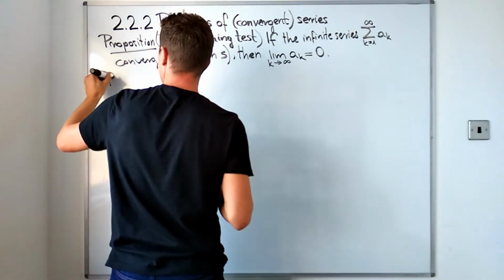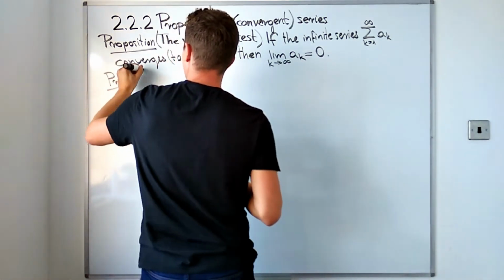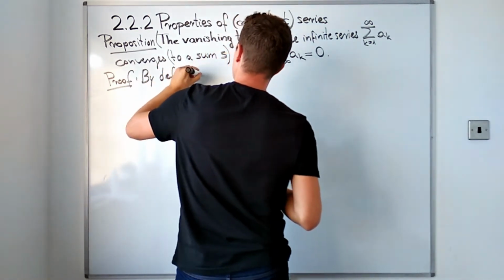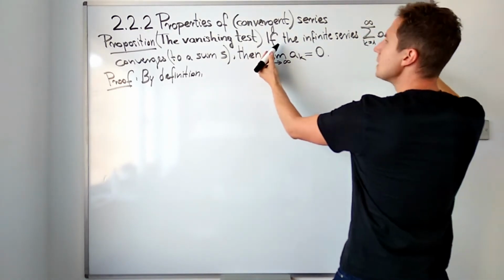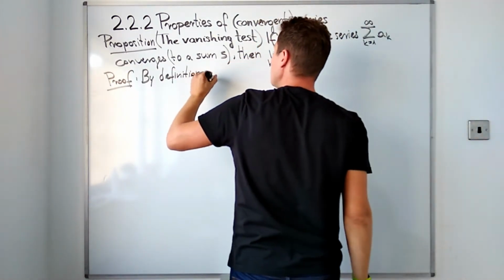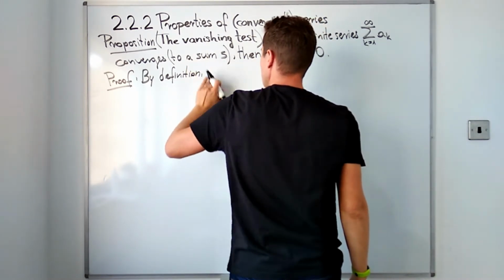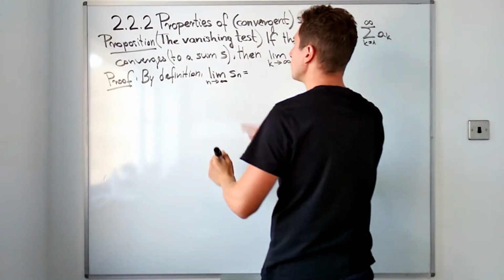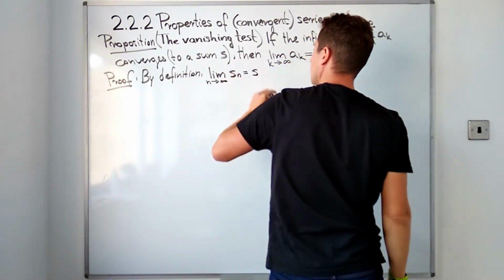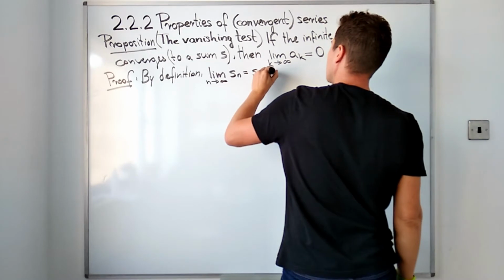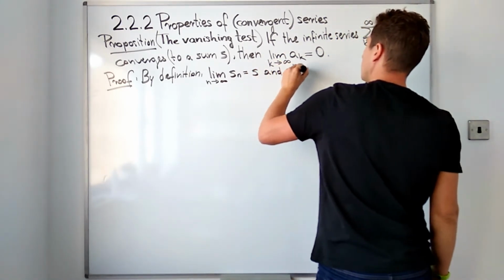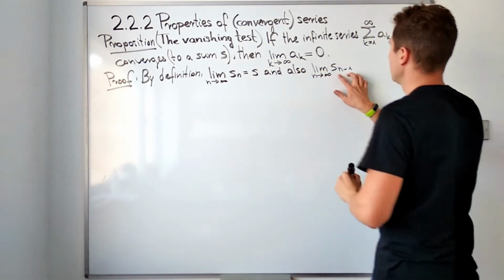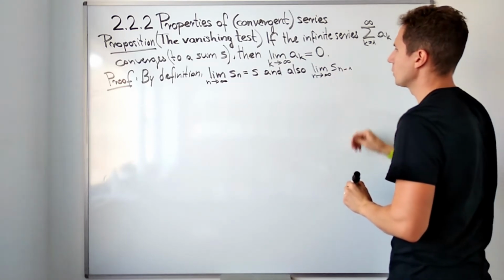Let's prove this quickly. By our assumption, by definition, our assumption that the infinite series converges means by definition the limit of partial sums has to converge to this sum S. And also it's the same limit if we shift the index of our partial sums by 1.